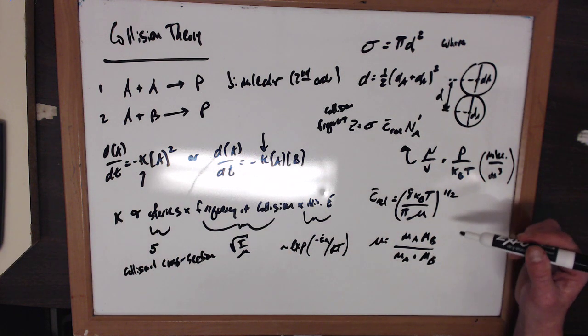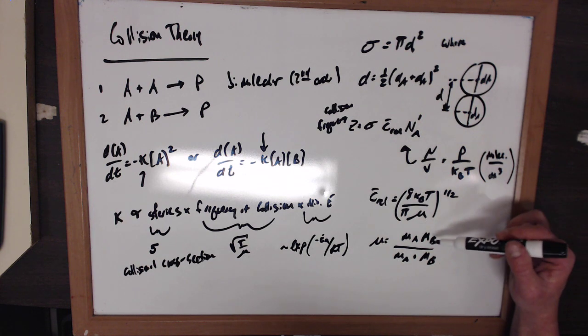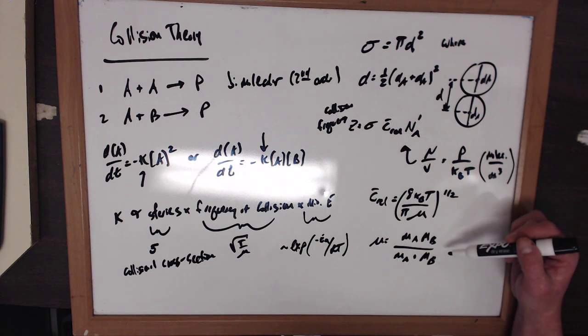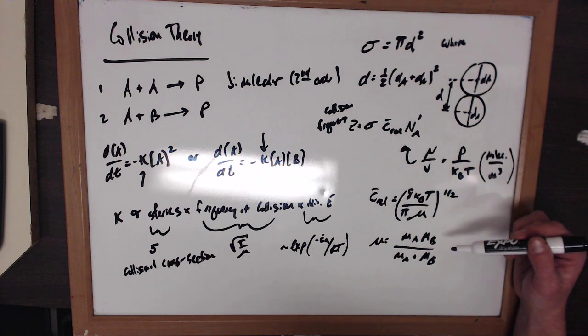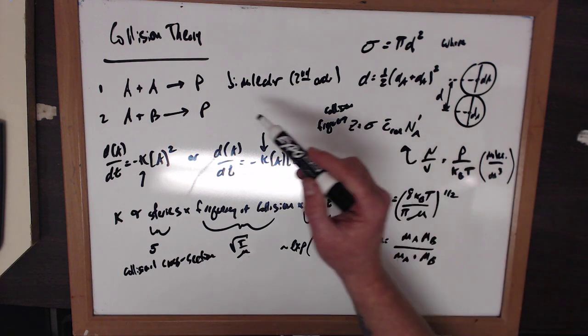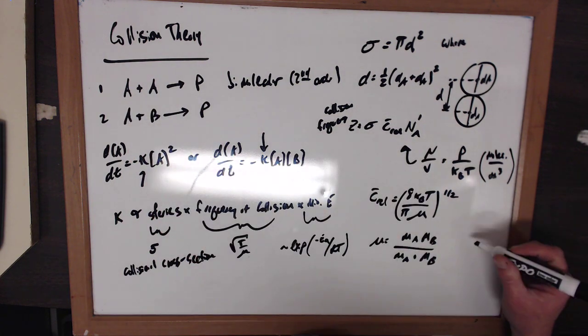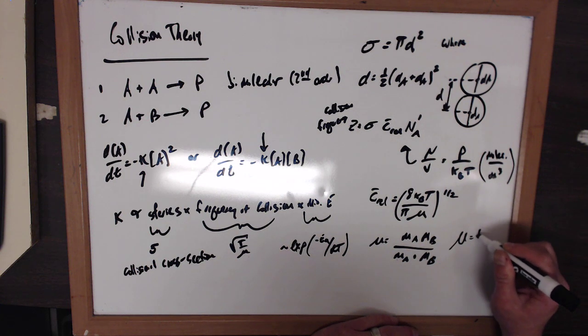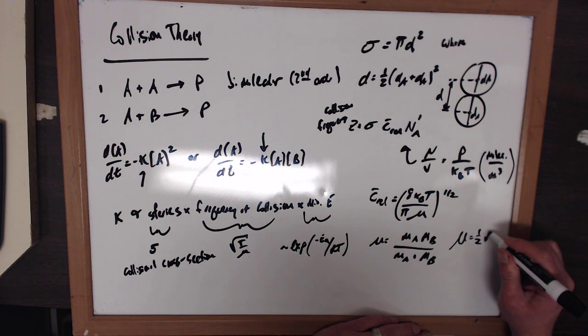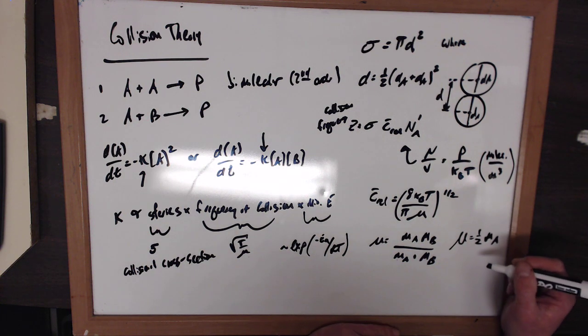And this is, of course, for collisions between A and B, if A and B were different. But if A and B are the same, so if it's the situation where A collides with A, then mu just equals 1/2 the mass of A.